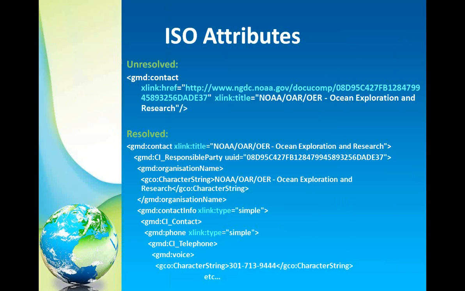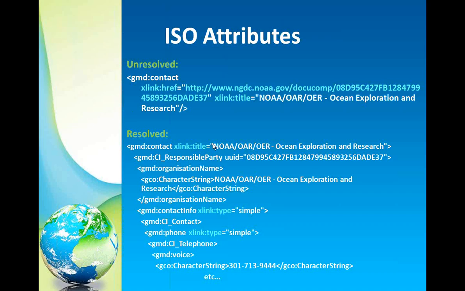If a contact phone number changes, all I have to do is go to one location and change the phone number in that component. And everywhere that has this link now points to that dynamic information. So it points back to that component, so that phone number has already been updated.